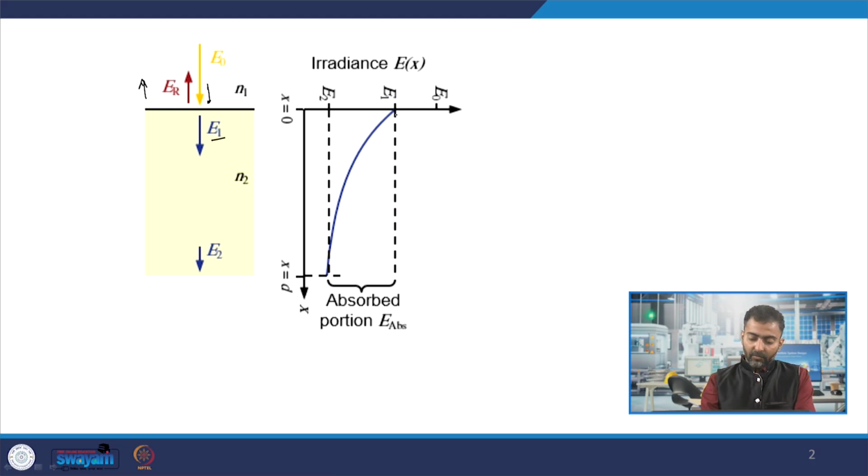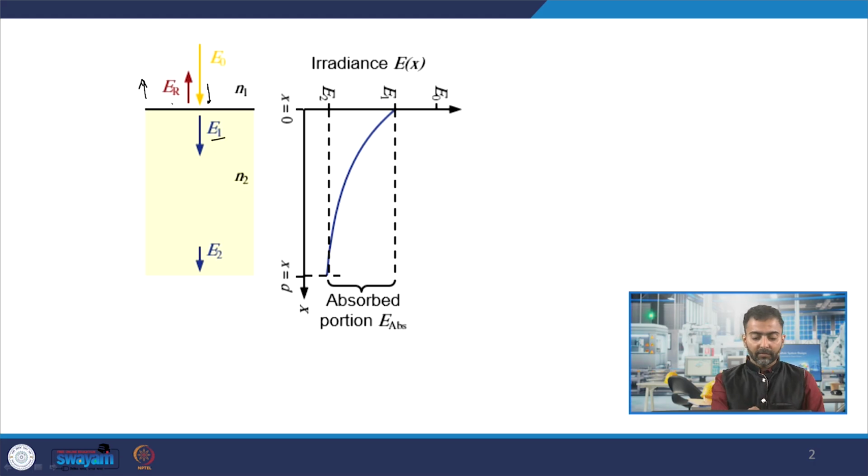Similar to what we discussed last class, this radiation which enters the solar cell starts decaying exponentially as it travels deeper and deeper in the solar cell. And finally at the bottom end of the solar cell, the radiation has decayed down to a value of E2. So it starts with E1 at the top surface and decays down to E2. That is the situation we are considering now.